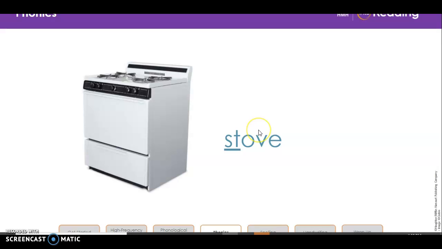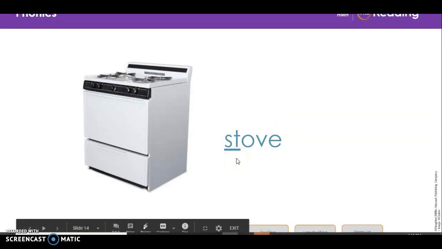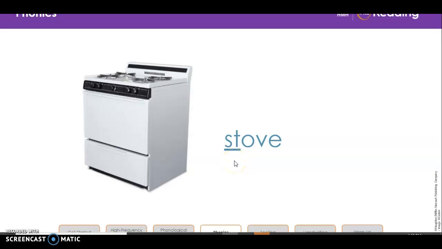Stove. I hear two consonant sounds at the beginning of stove. Look at the picture on the screen. This is the word stove. Look at the letters that are underlined at the beginning of the word. I see two consonants at the beginning, S and T. The letters S and T form a consonant blend.